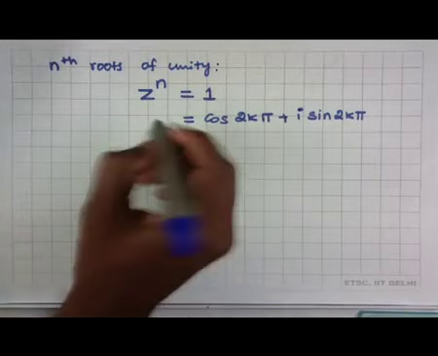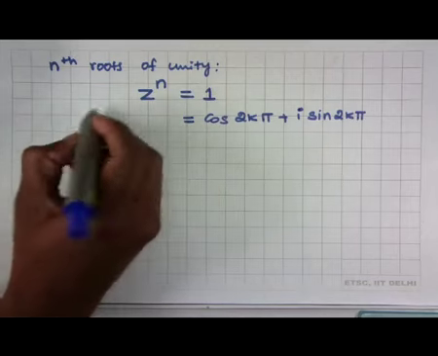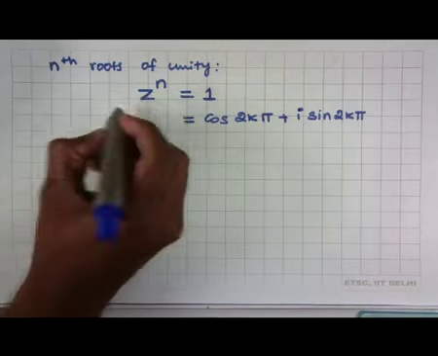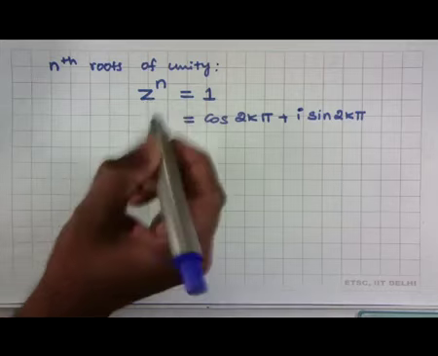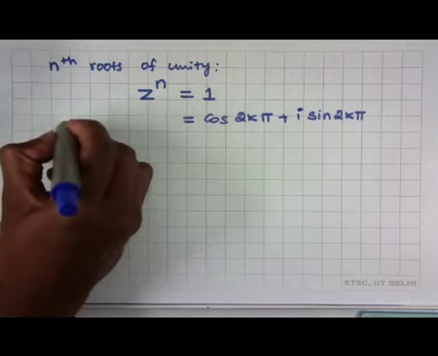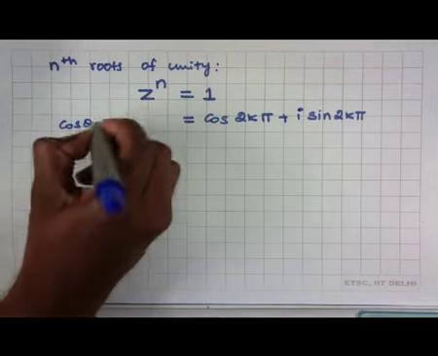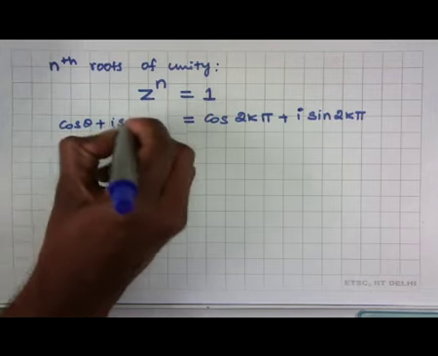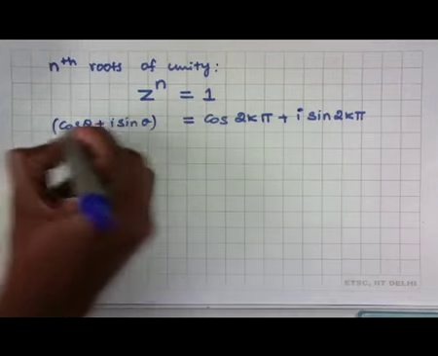Now, the complex number Z which we are looking for, let us write it as cos theta plus i sin theta, to the power n.